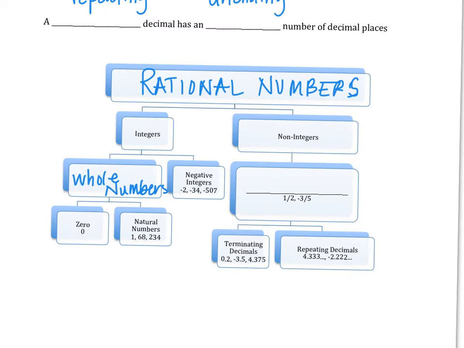Also included in rational numbers is non-integers. Non-integers are numbers that are not whole numbers, nor their negatives. So an example of that would be fractions.